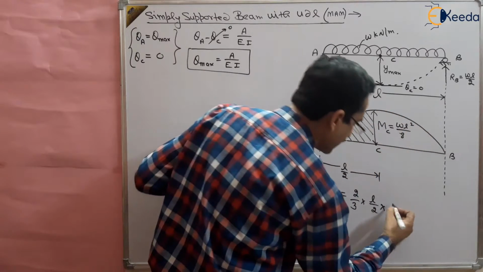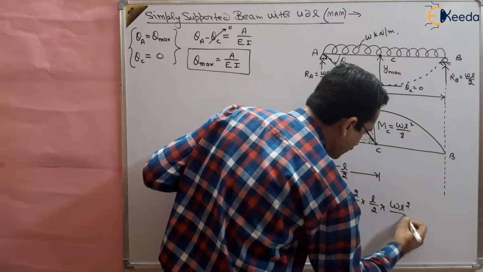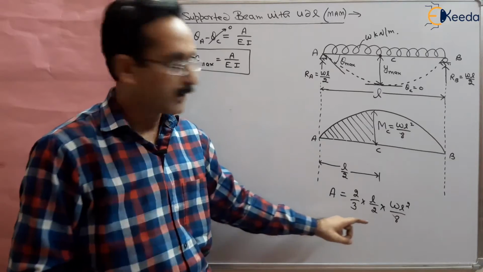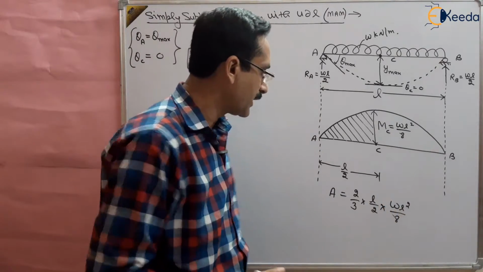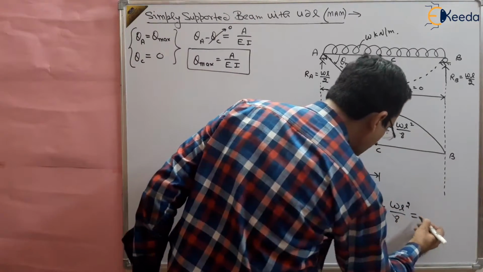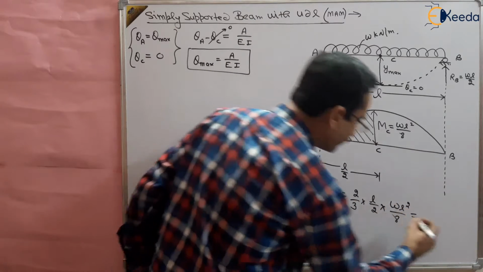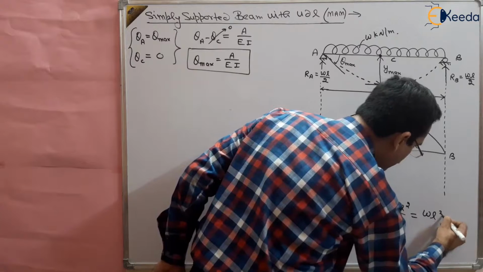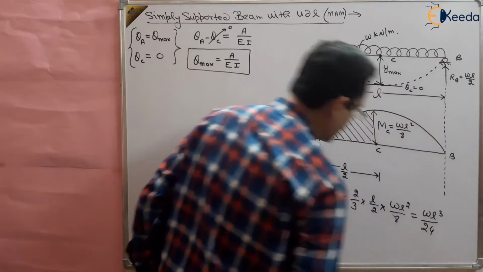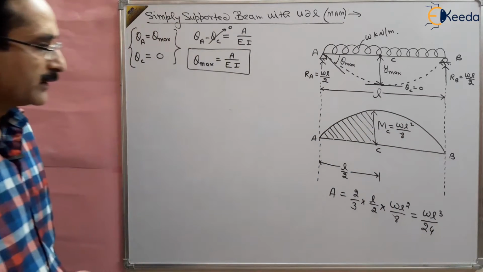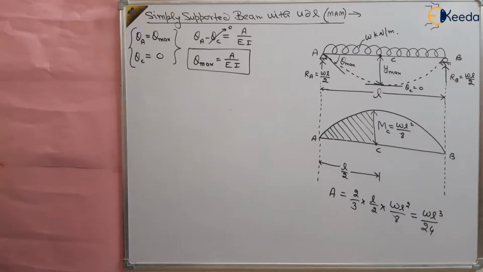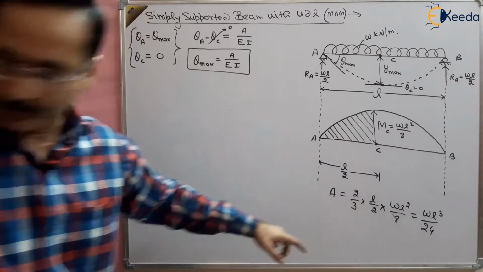Height is WL square by 8. So this is 2/3 of L by 2 multiplied by WL square by 8, right? So 2 and 2 cancel, and this will come out to be WL cube by 24. So this is the area of the bending moment diagram.